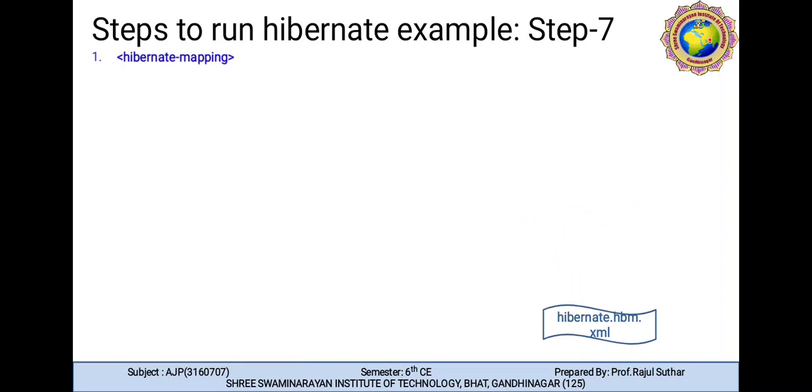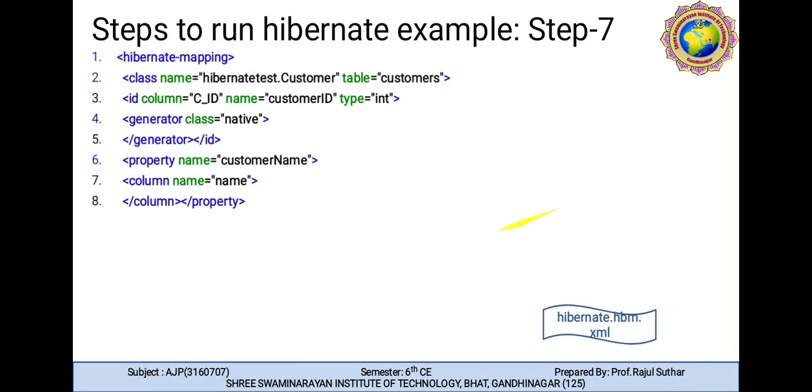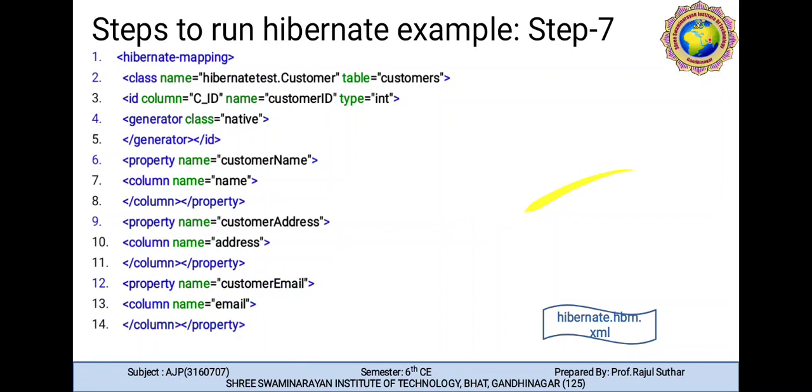Here, how can we write the hibernate.hbm.xml file? In the same way as the previous XML file, you have to create hibernatetest.Customer. First the table is created, the customer table. We require customer ID, then customer name, customer address, customer email ID.